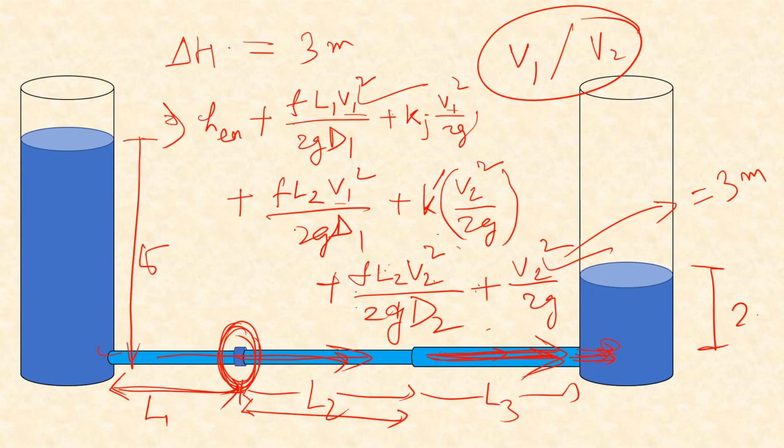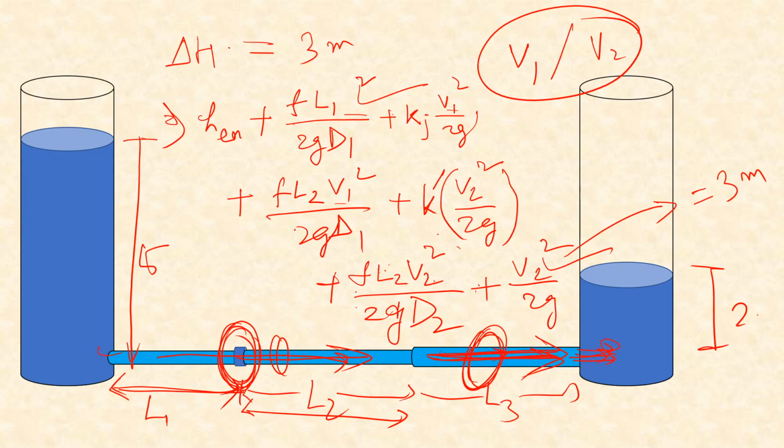Only difference will be the velocity. Here the velocity will be more, and here the velocity will be less. And therefore, instead of writing this equation in terms of v1 and v2, we can express them in terms of discharge.